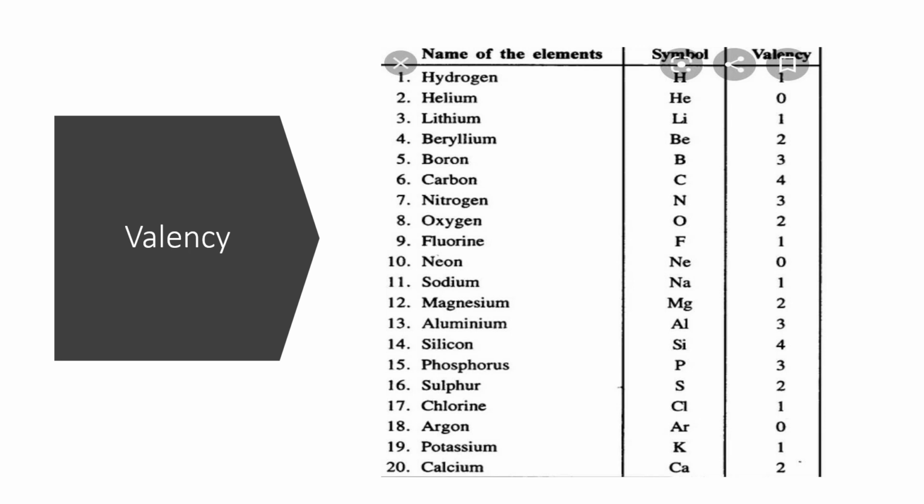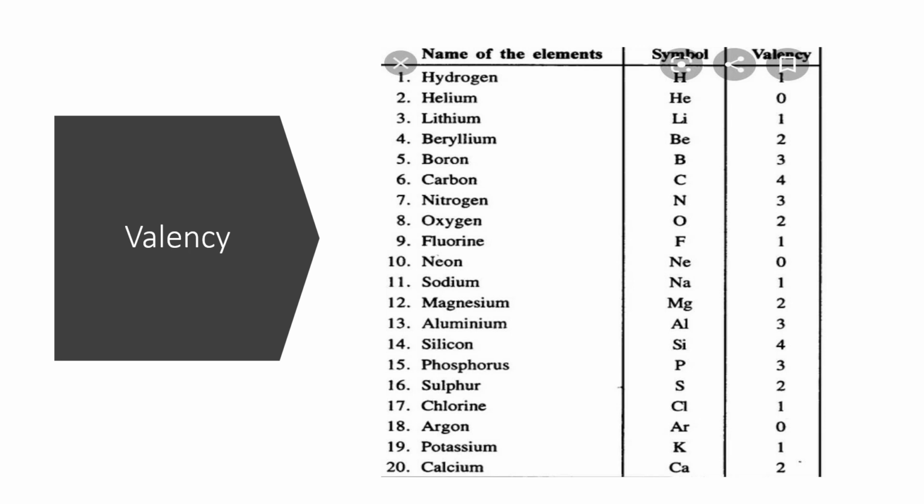Group number 1 has one valency, group number 2 has a different valency. As I discussed, group number 18 is the noble or inert gases, the 18th group of the periodic table. I gave examples of noble gases also: helium, argon, krypton, xenon and so on.